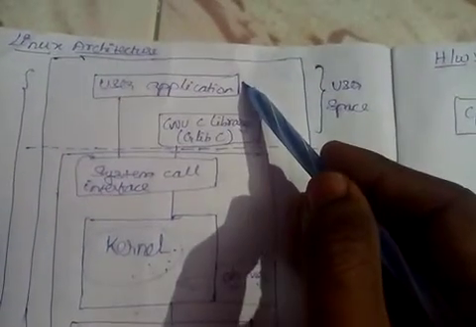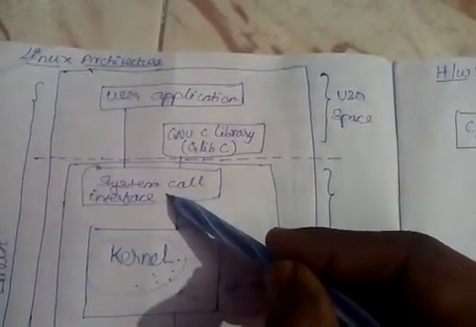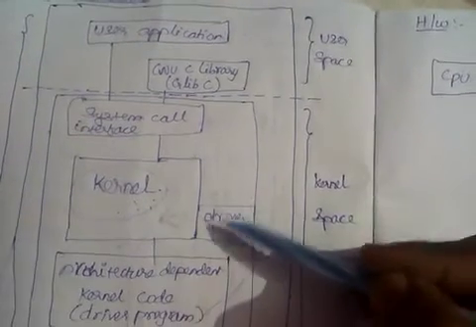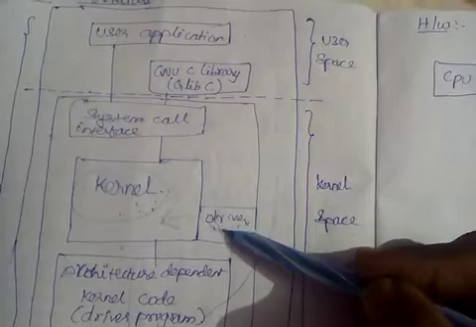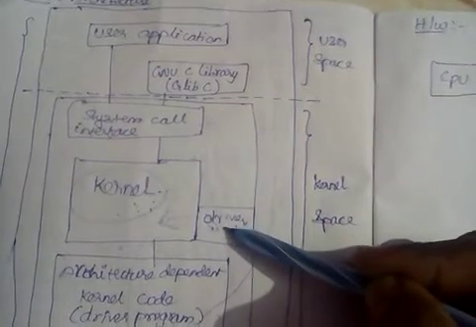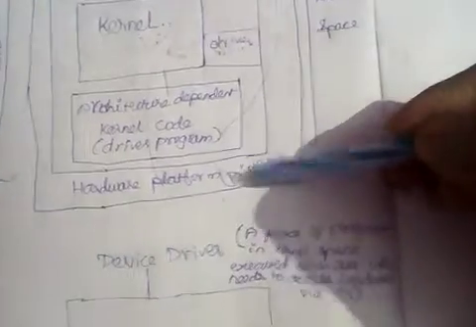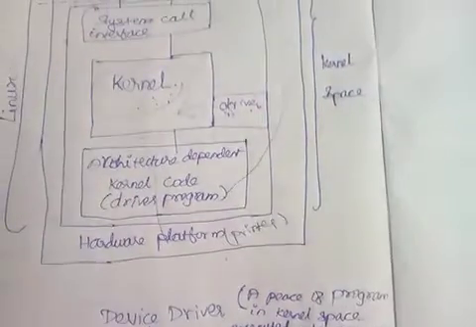Actually, we are using a device driver. Whenever I give Control plus P, it will go to the system call interface, and based on the requirement, it will move to the kernel. The kernel will go for getting the specific function, and this will allow access to the hardware, I mean the printer, which will print our PDF.